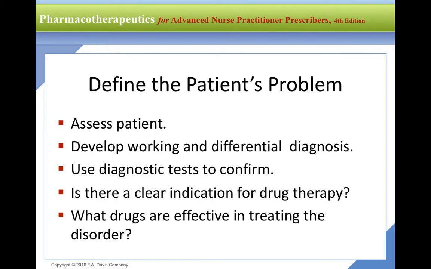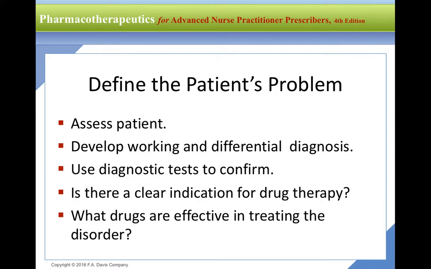So in defining the patient's problem, you want to assess the patient and develop a working and differential diagnosis. This includes looking at other diagnoses that could be causing these problems and other medication that might be causing these problems. What you don't want to do is add on a medication that is treating the side effect of a medication they're already on, unless you absolutely have to. Sometimes we do.